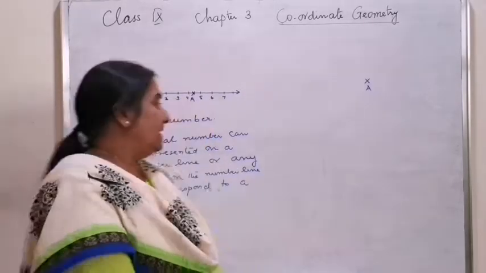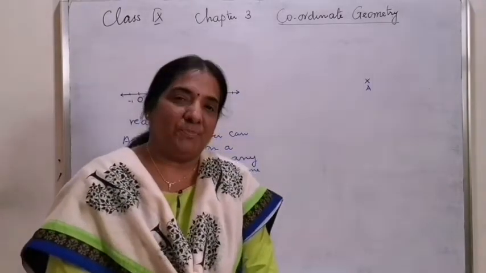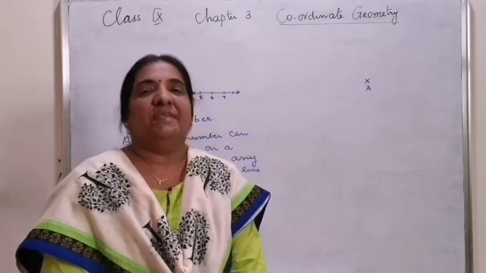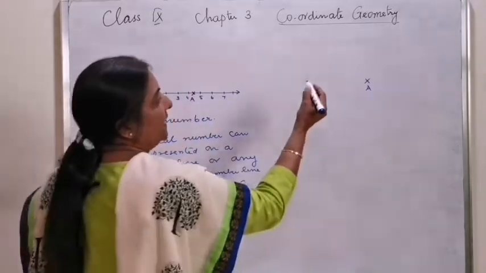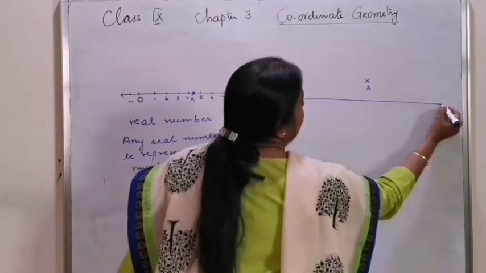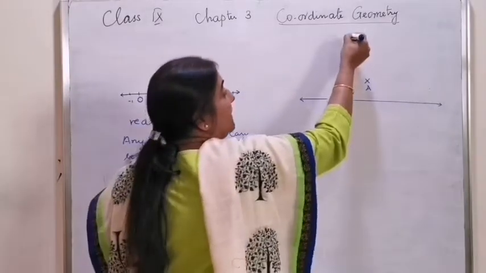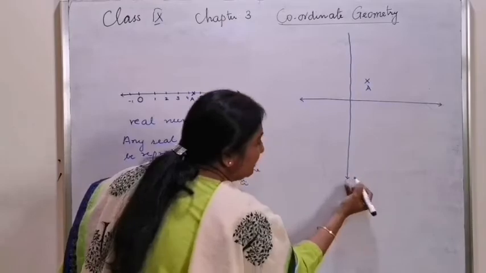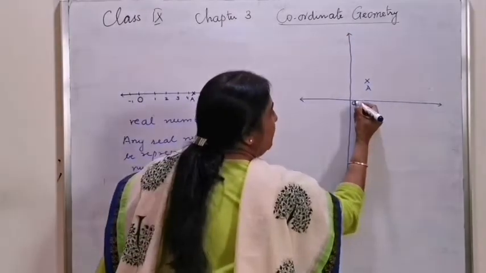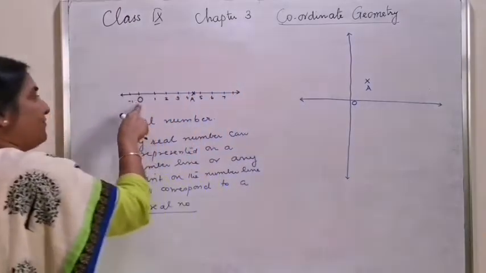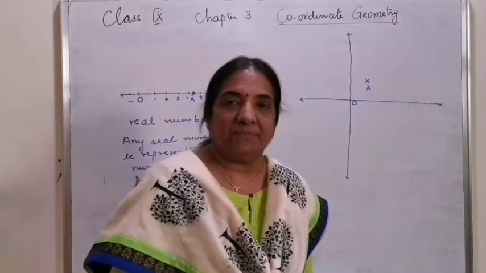With a single number line as here, it is not possible to fix a position for the point A. For that purpose, we need two number lines which are perpendicular to each other, and the origin, the point from where you begin with 0, should be where they intersect each other.